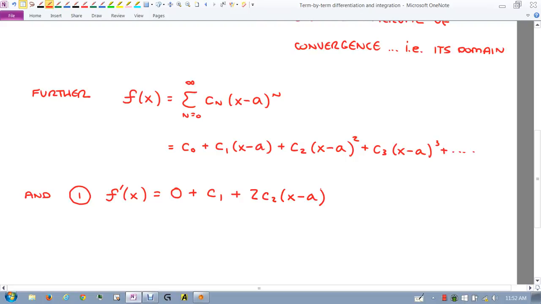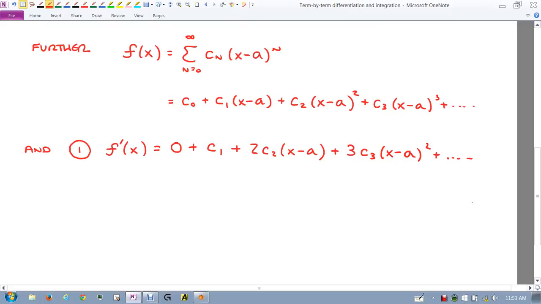Times the derivative of x, which would be 1, right? Plus, next one. C sub 3 is a constant. We'll keep it. What comes out? 3 comes out. 3 C sub 3 x minus a what? Squared. Plus, do you want to do another one or you get the idea? Get the idea?